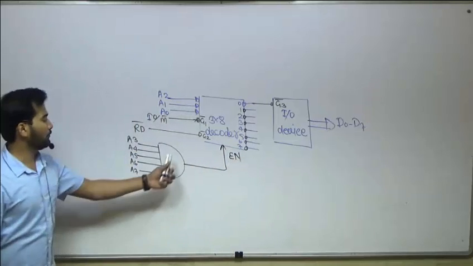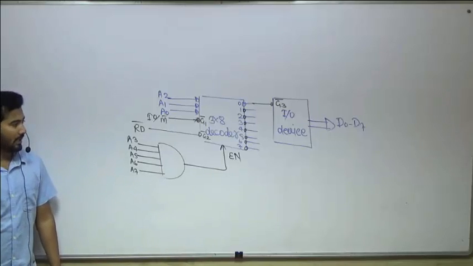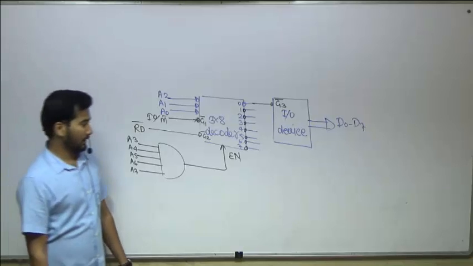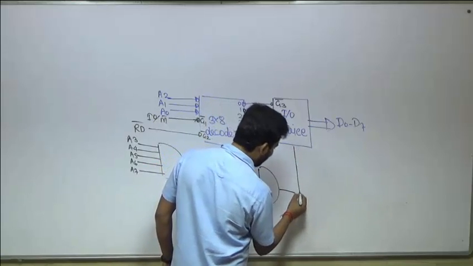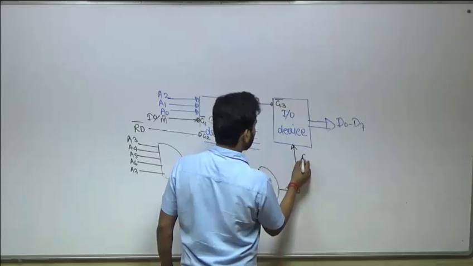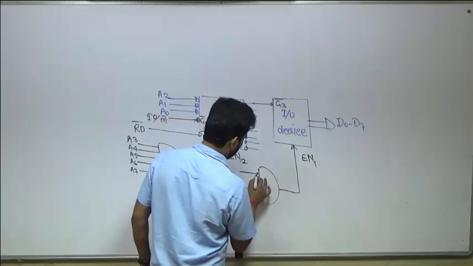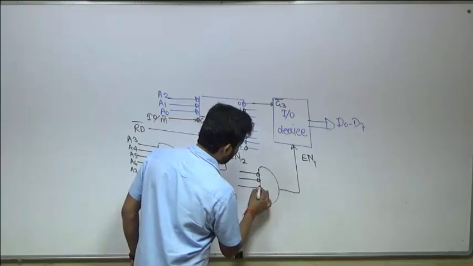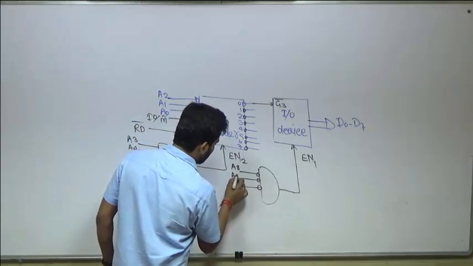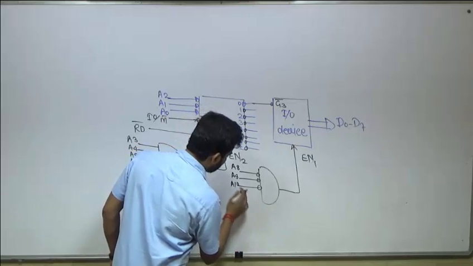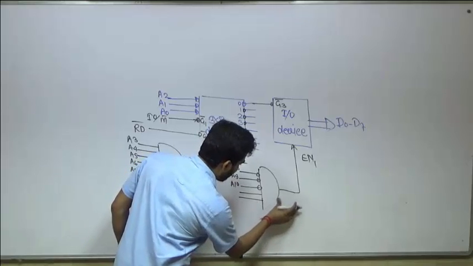The output of this AND gate is working as the enable pin for the 3 to 8 decoder, and the output of the second AND gate is working as the enable pin for the input output device, with A8, A9, A10 and then A11, A12 up to A15.